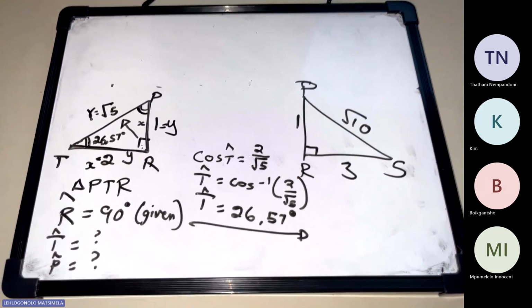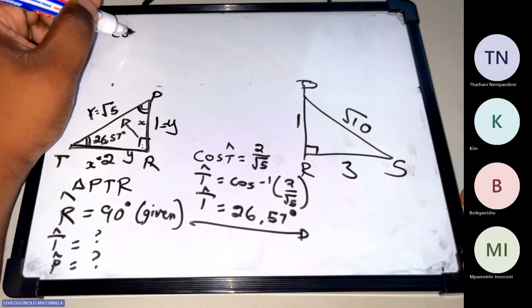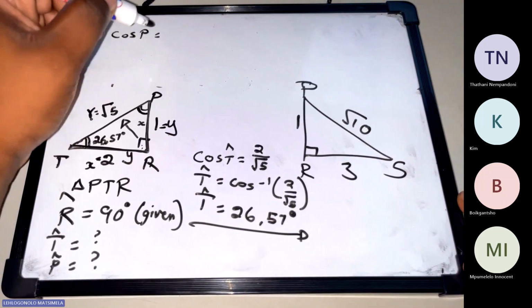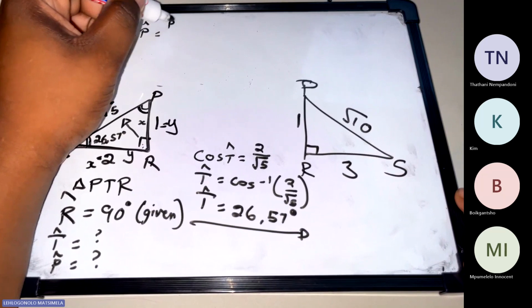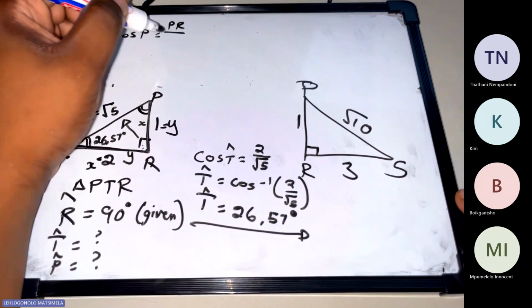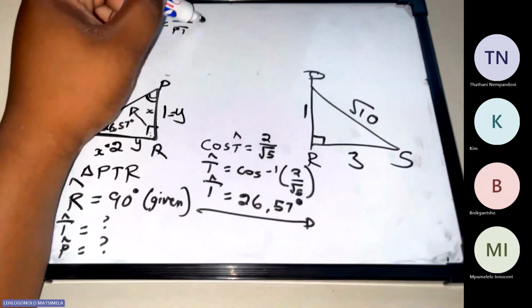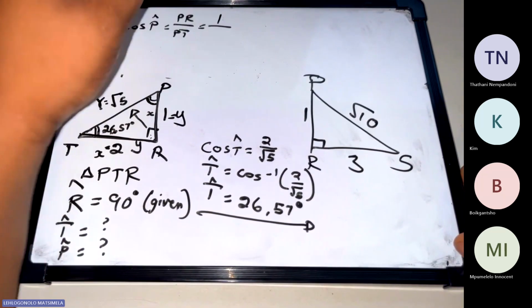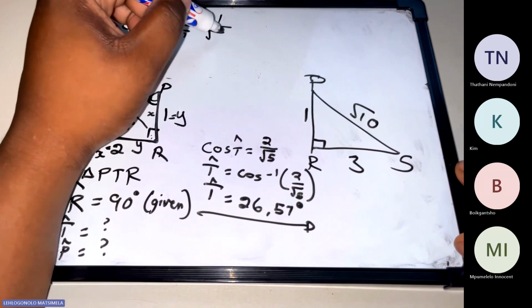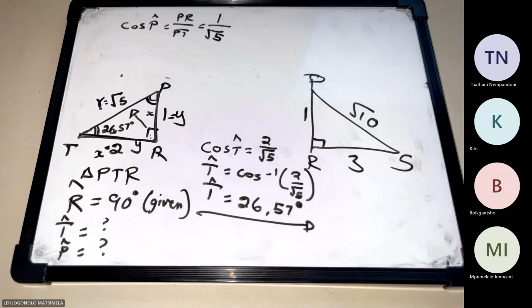Now, if we are to still use cos, we are going to use cos angle at P is equal to line PR, which is X, divided by line PT, which is R. And that is going to be 1 divided by root of 5.